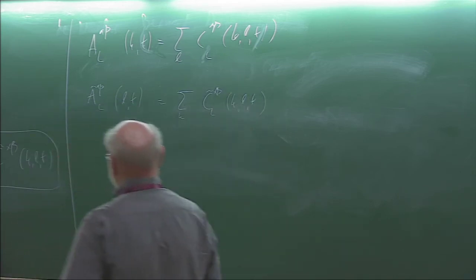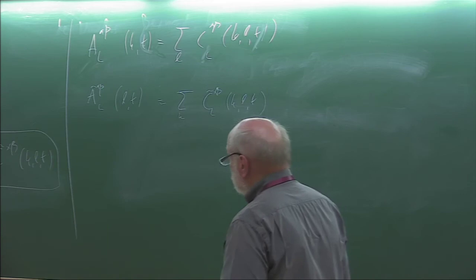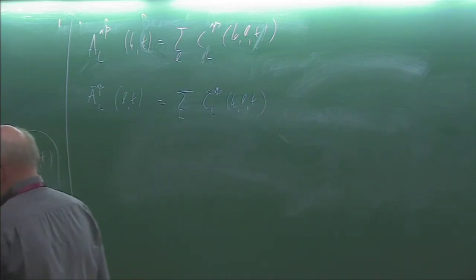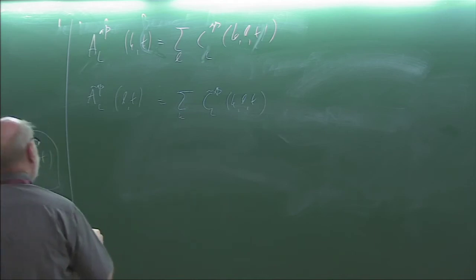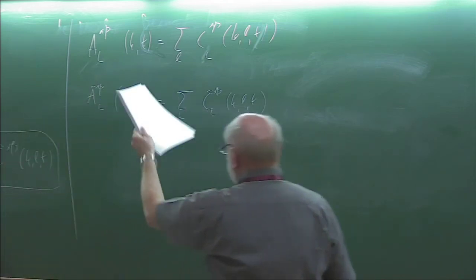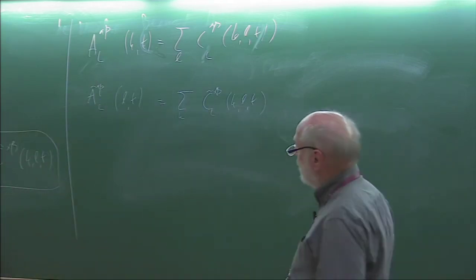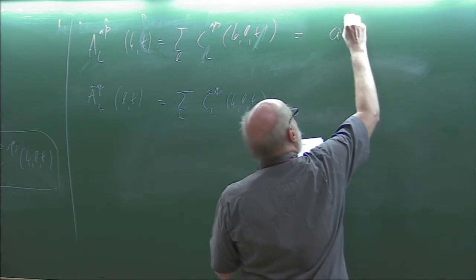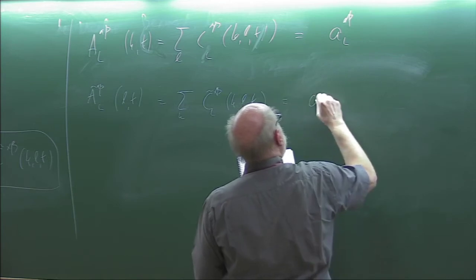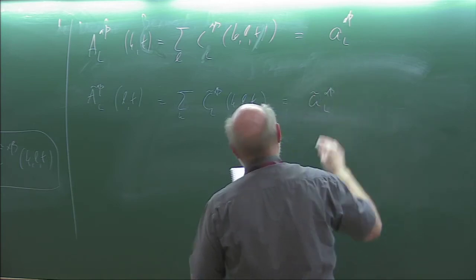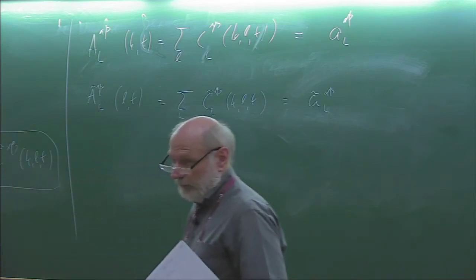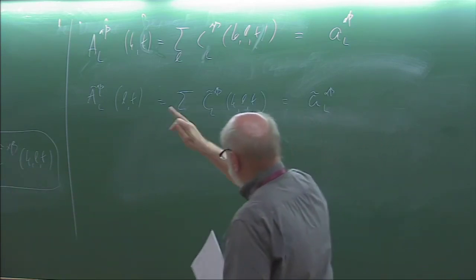So these I look at, and now I use my conservation law and stationarity, which will tell me that these actually do not depend on k and t; they're constants. So this will be a constant, A^{αβ}_L, and this will be a constant, A tilde^{αβ}_L. This just follows from stationarity and from the conservation law, nothing else. So these are constants.